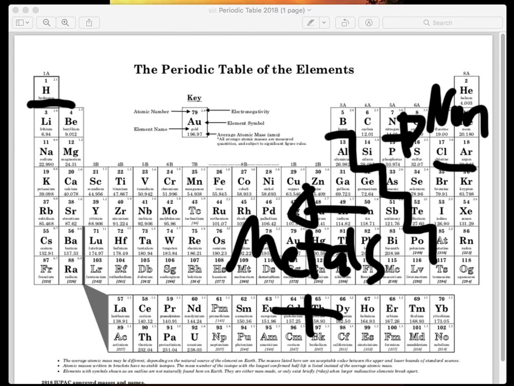Hydrogen could actually fit on either side of the line. Most of the time we're going to call it a non-metal, but it actually could be called a metal. Hydrogen can form a positive, and hydrogen can form a negative. Who did the hydrogen family? Charge is positive 1 or negative 1, right?